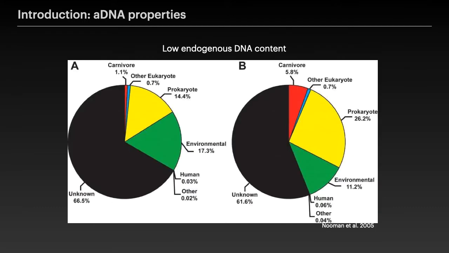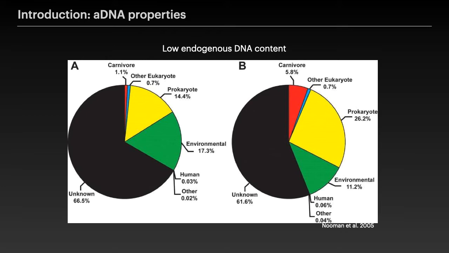So the third characteristic of ancient DNA has to do with the low percentage within the total DNA extracted from a given sample. So when we extract DNA from an old sample, that contains, of course, the DNA of the actual species, which means the endogenous DNA, and all kinds of other DNA fragments from microbes, humans, etc. So these pie charts taken from Newman et al. indicate the usual case in terms of endogenous content.